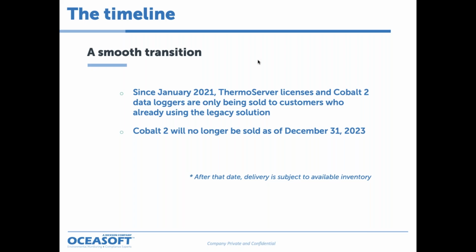After that point, we will provide Cobalt 2 products based on available inventory. But since we will no longer be manufacturing the product, we will no longer be able to guarantee Cobalt 2 delivery. But do not worry, you still have lots of time to prepare for your solution transition.